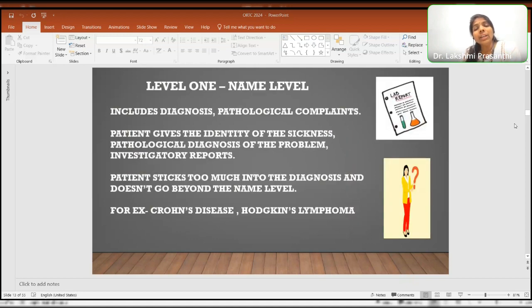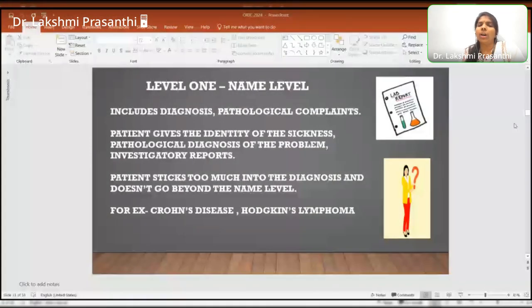The name level includes all the diagnostic features, the laboratory investigations, pathological complaints. Here, the patient comes to you with the identification of sickness, what disease he's coming with, and he doesn't go more beyond that. Like the case which I explained before of Noli me tangere, the patient will just come and show and tell that this is a basal cell carcinoma which has to be treated.